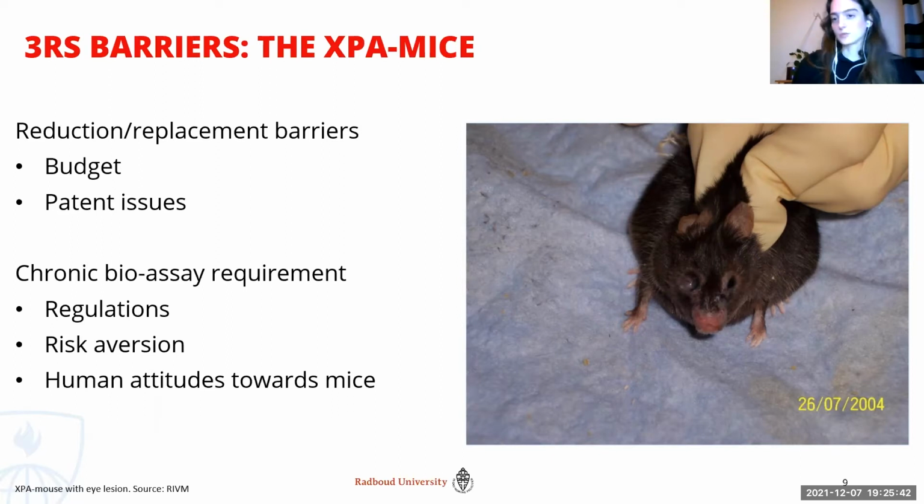And then I asked one of the people I interviewed, well, could they not have made those calculations back when they started this research program? And he said, well, yeah, but back then nobody really cared about a few hundred or thousand mice, more or less. So those are again the human attitudes towards other animals, mice in this case.